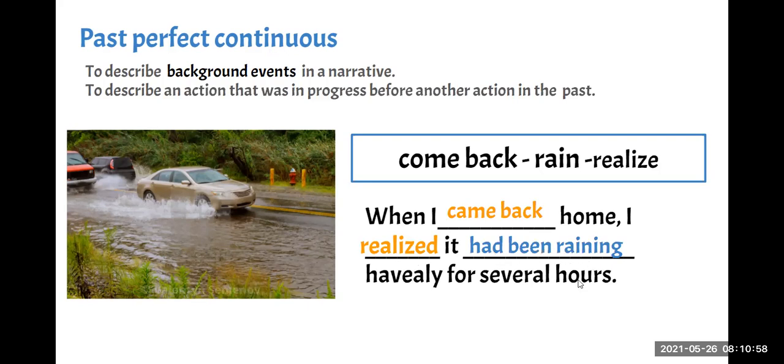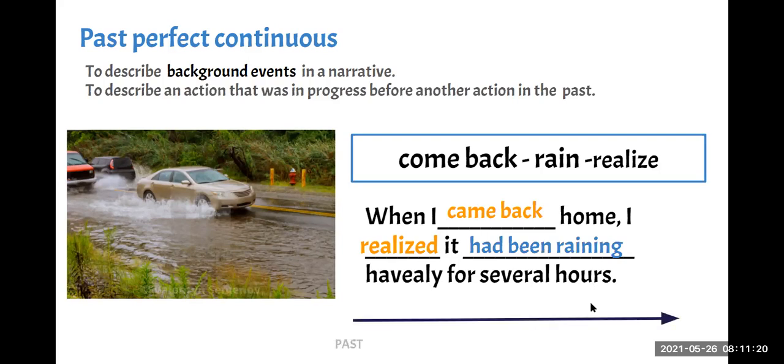It had been raining. As you can see, this is an action in progress. It's a long action, but it happened before he came back. So I realized it had been raining heavily for several hours.